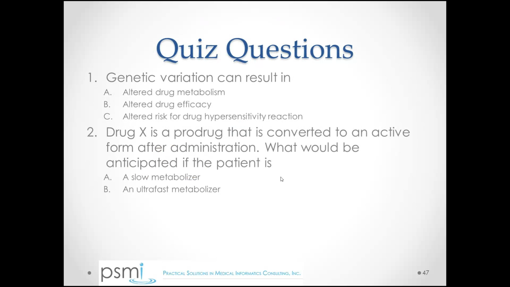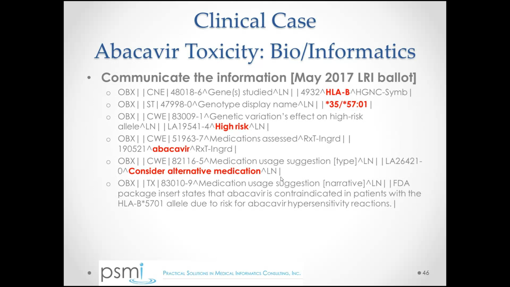And finally, Bob, in order to... Eric, can I ask one question? Yeah. Go back to that previous slide where you showed allergies or contraindications. Is there anything that gets a little more specific than consider alternate medication? Are there levels of risk that are assessed?